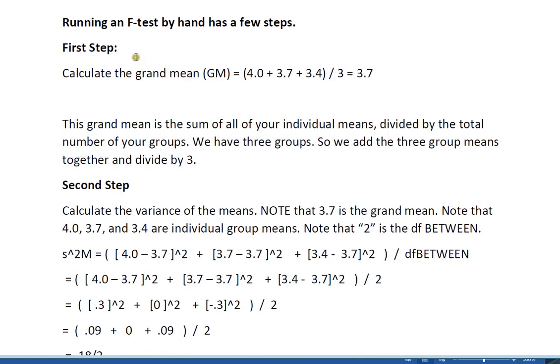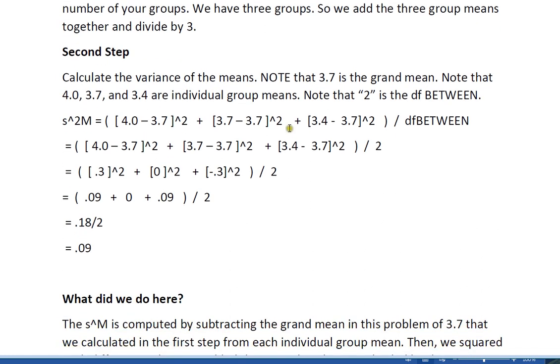The first step was to calculate the grand mean, or the total mean, which is an average of all three means from our table. In the second step, we then calculated the variance of the means, where we took each mean, subtracted the grand mean, and squared it, then added those values together and divided by the df between.